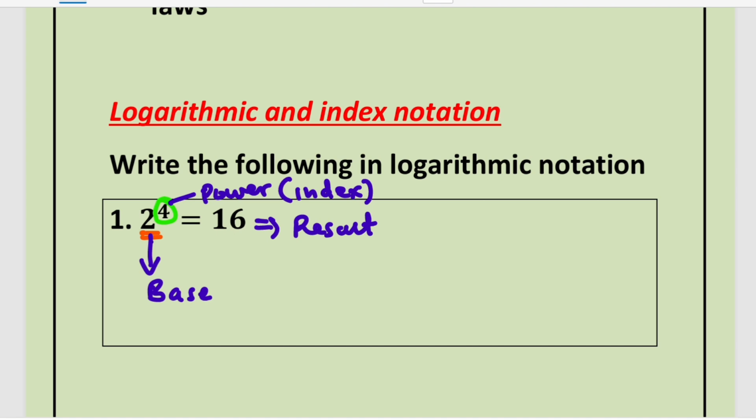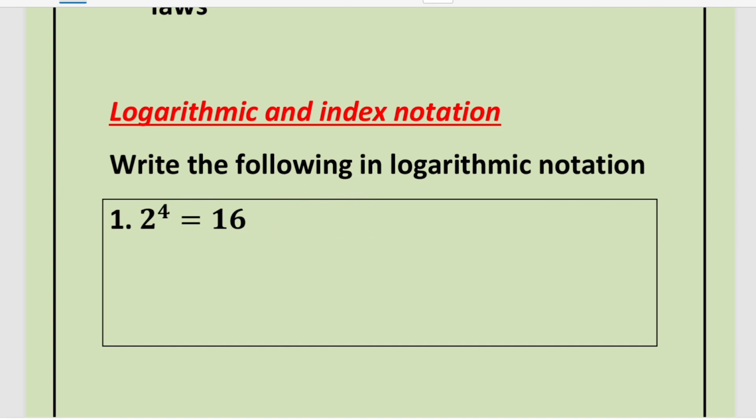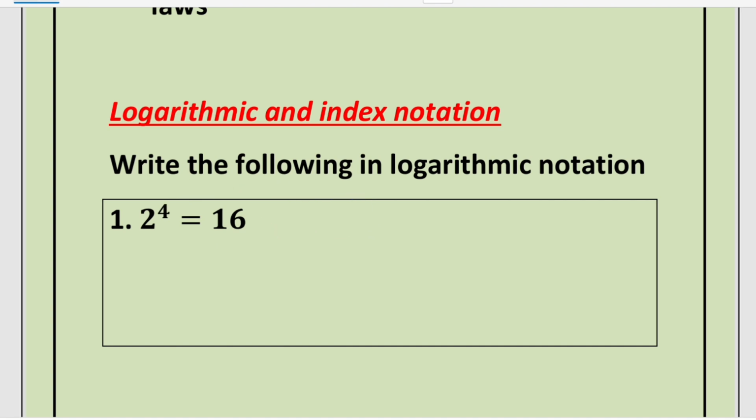Now let us see how to write from index notation to logarithmic notation. So this is how logarithmic notation will look like. It is going to be log of a base b is equal to c. So log of a base b is equal to c.